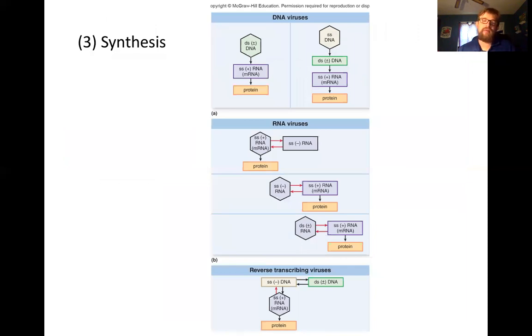Now, this is just a diagram. Again, I'm not going to expect you to memorize this, but I had mentioned that Baltimore classification system. We're classifying viruses like 1 through 7. So essentially, how are viruses starting? This is showing you some of these different possibilities. So here you have DNA viruses, double-stranded.